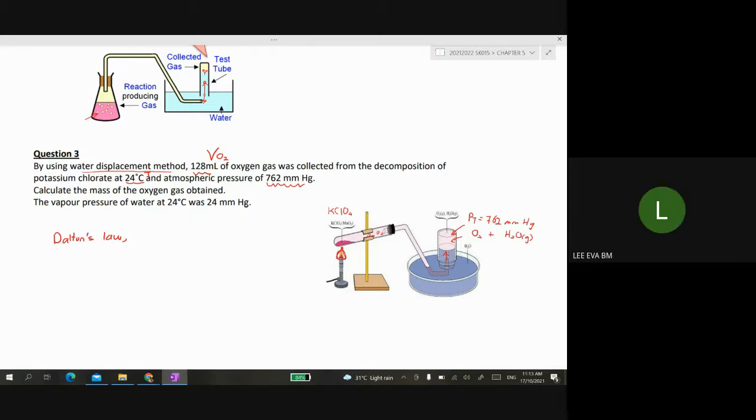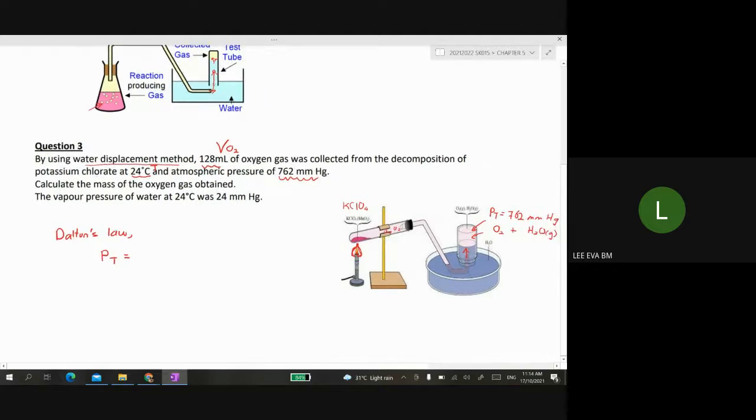Okay, so let's write our formula. Dalton's law: total pressure equals to, how am I going to continue? Since I already know I'm collecting both the O2 and H2O inside the area there, what should I write for the formula of my Dalton's law?